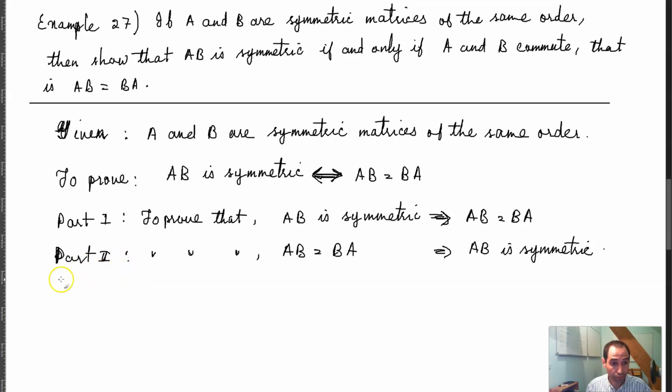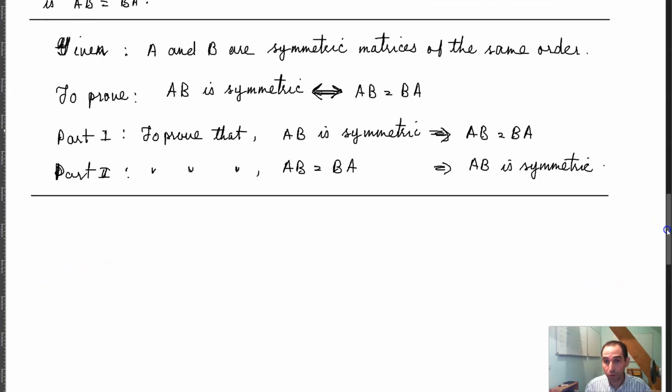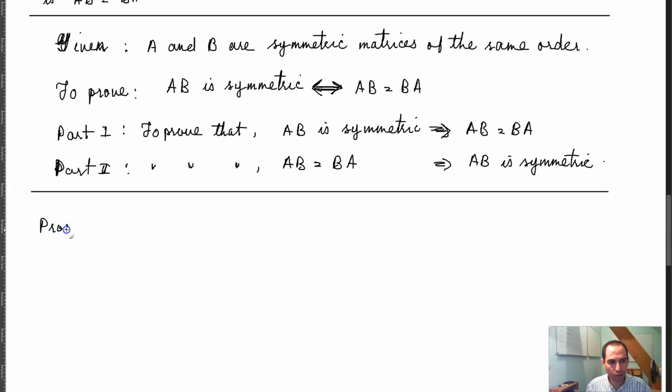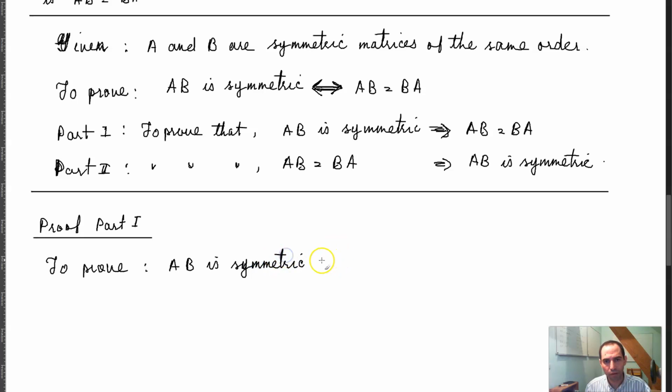So then, proof part 1. You know that A and B are symmetric matrices of the same order, and you want to prove that AB is symmetric implies that AB is equal to BA.